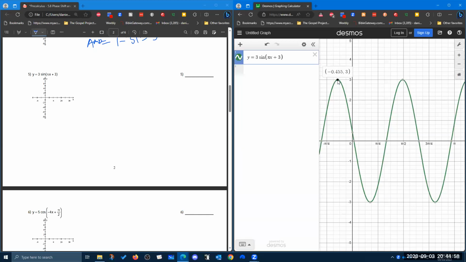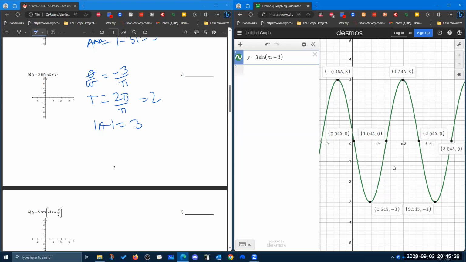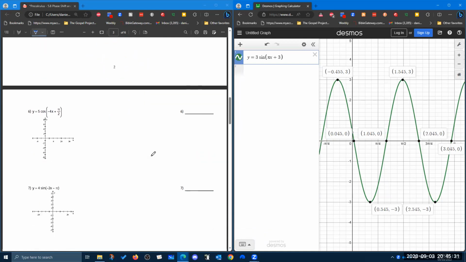And so we'll say that phi over omega is going to be -3 over pi. And that our T is going to be 2 pi over pi is going to be 2. And our absolute value of A is going to be 3. And that's what we're going to see here for this graph. And look at the x-intercepts to help you and get at least one period of this when you draw your graph according to the instructions.